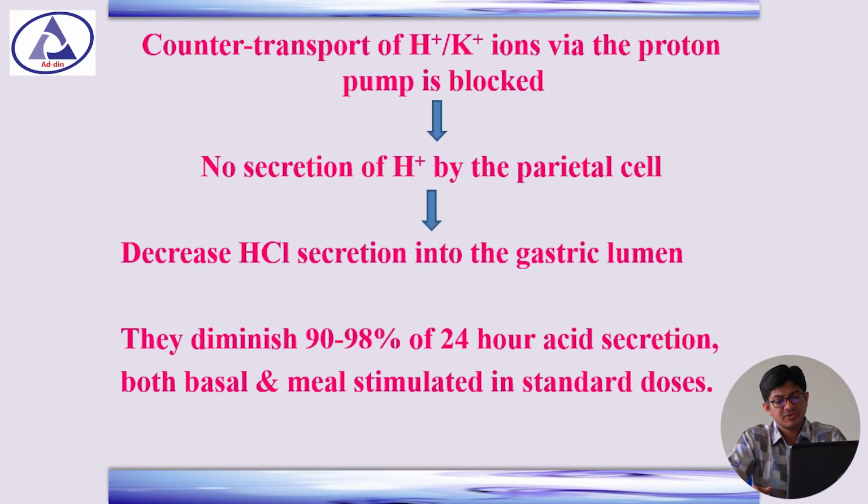Counter transport of hydrogen and potassium ions via the proton pump is blocked. No secretion of hydrogen ion by the parietal cell, decreasing HCl secretion into the gastric lumen. They diminish 90 to 98% of 24-hour acid secretion, both basal and meal stimulated, in standard doses.